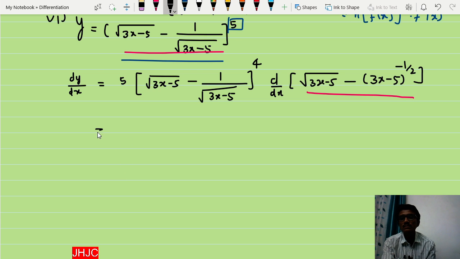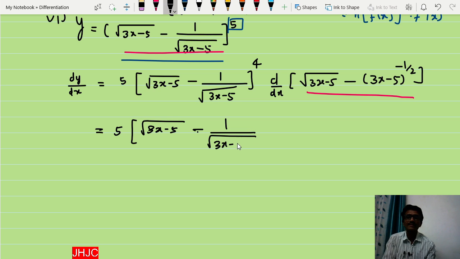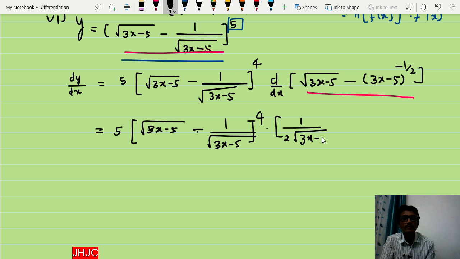The derivative of root f(x) is equal to 1 by 2 root f(x) into f dash of x. So it is 5 times root of 3x minus 5 minus 1 upon root of 3x minus 5, whole raised to power 4, into the derivative of this. It is 1 upon 2 root of 3x minus 5, and again the derivative of 3x minus 5 will be 3.